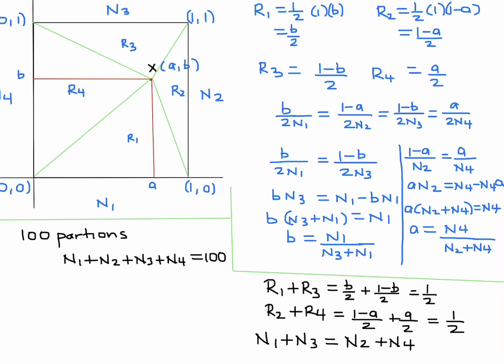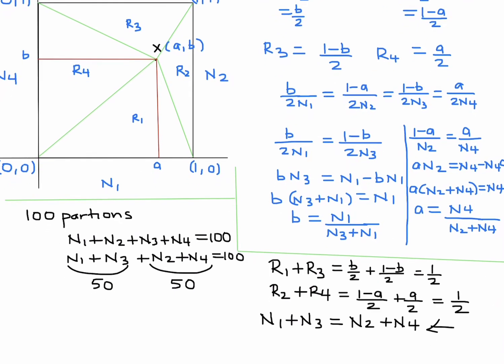And since n1 plus n3 is equal to n2 plus n4, that means we can separate this: n1 plus n3 plus n2 plus n4 is equal to 100. And both of these are equal, according to this right here. So if they're equal, they must be equal to 50 each. So that's 50 and that's 50.